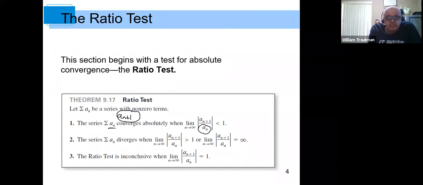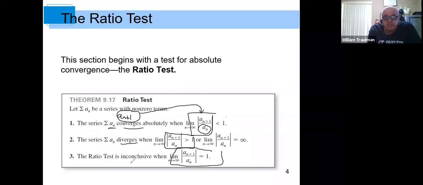We put the next number in the series on top. And if the fraction is less than 1, we say it converges. If the fraction is greater than 1, we say it diverges. And if the fraction equals 1, it's inconclusive. We can't determine whether it converges or diverges using this method.